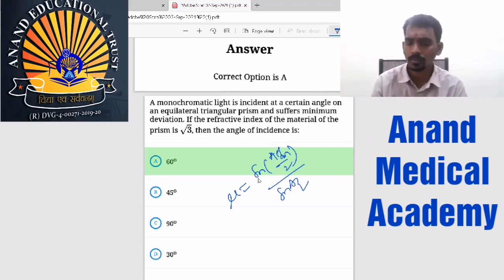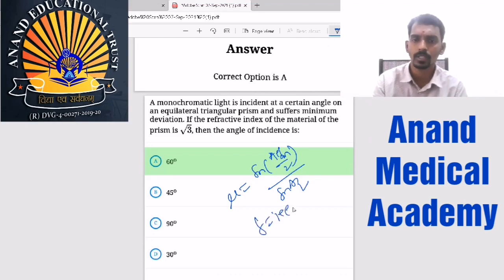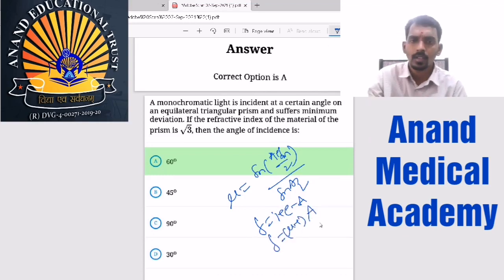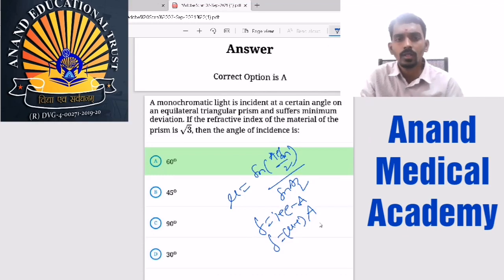Depending on the question, you have to use them. The deviation produced by a prism is delta equals i plus e minus A, or delta equals (mu minus 1) times A for thin prisms, where capital A is the prism angle or refracting angle.